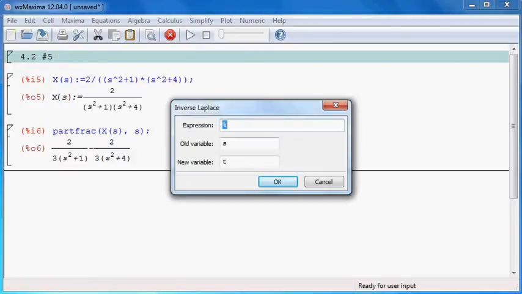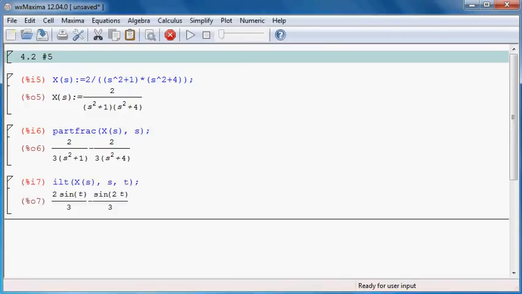We are taking the inverse Laplace transform of X of s, and the old variable is s. Then we want to go back to t. So click that. You can see that there's 2/3 sine of t minus 1/3 sine of 2t. So that should be the solution to the initial value problem.